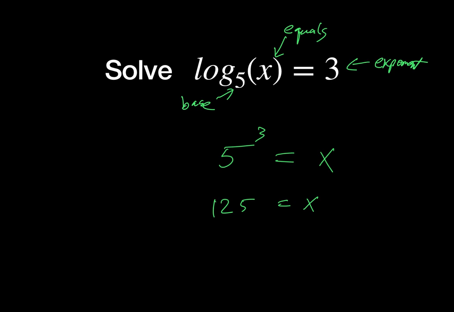If you did mistakenly, like if you did this instead, 15 equals x, it would be knocked down to probably a 3. Because instead of doing 5 cubed, you did 3 times 5. And that's a big mistake, mathematically. 5 cubed is not the same as 3 times 5. 5 cubed is 5 times 5 times 5.